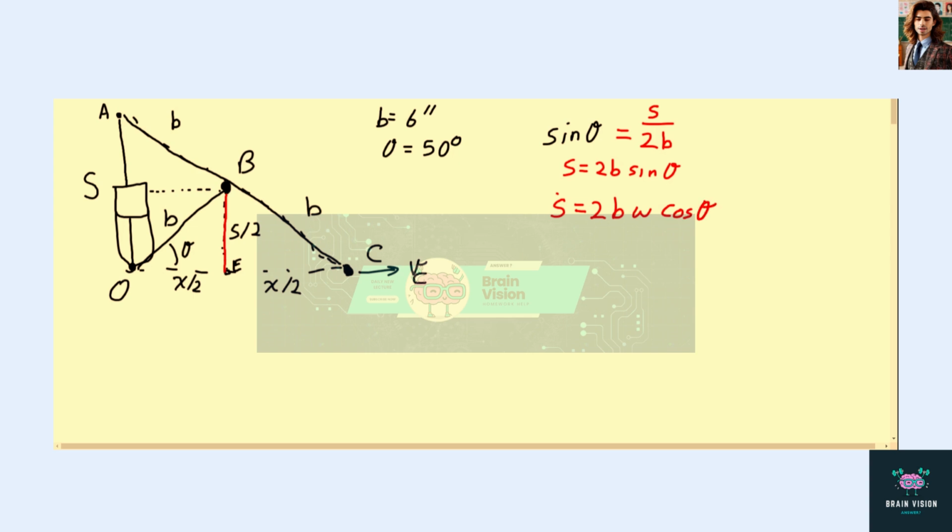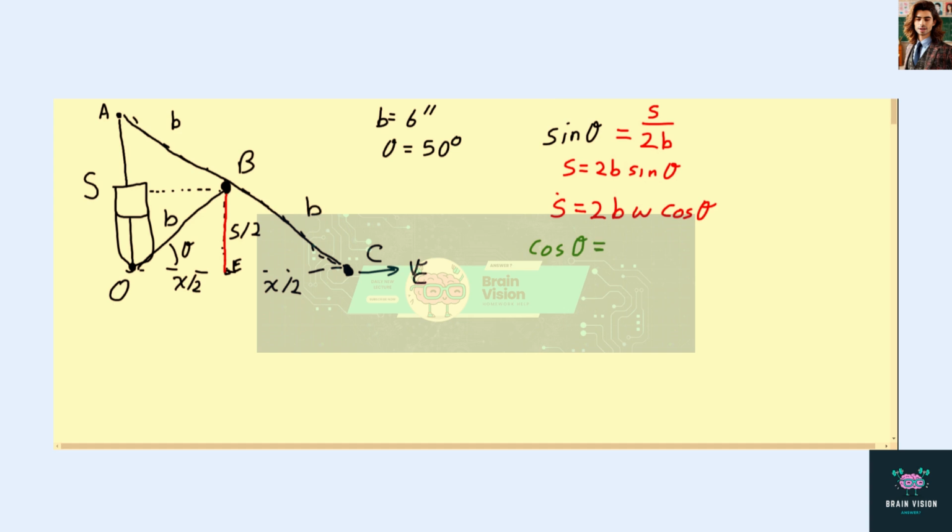Then we're going to want to rewrite the cosine of theta in terms of ideally x and b again.